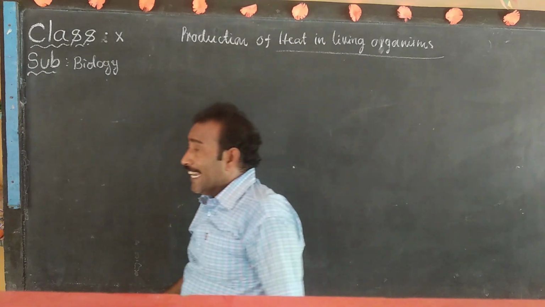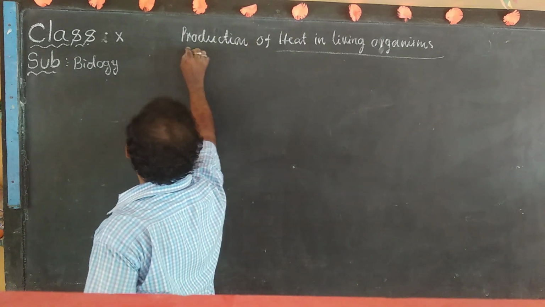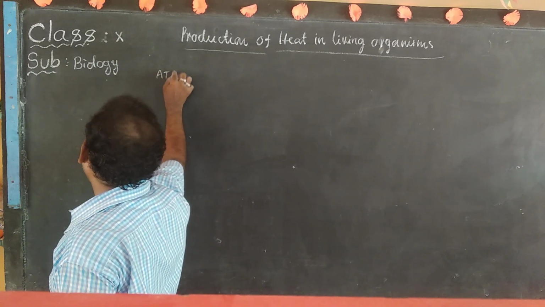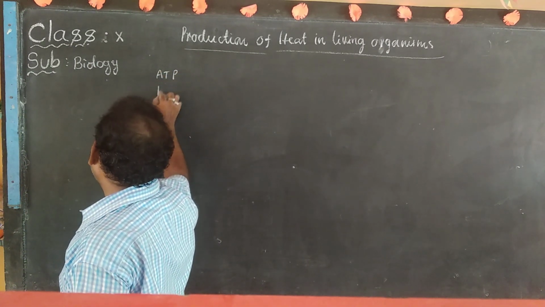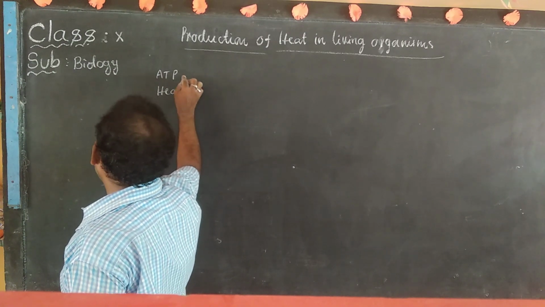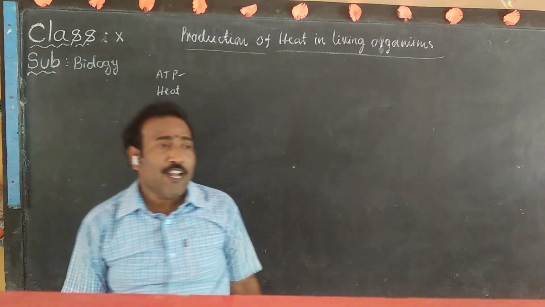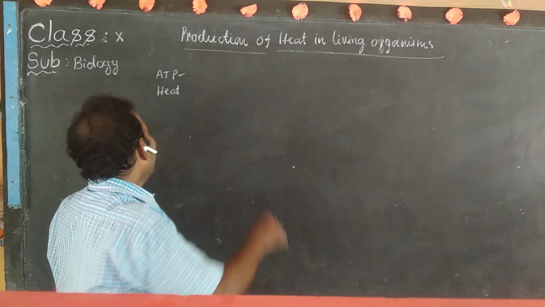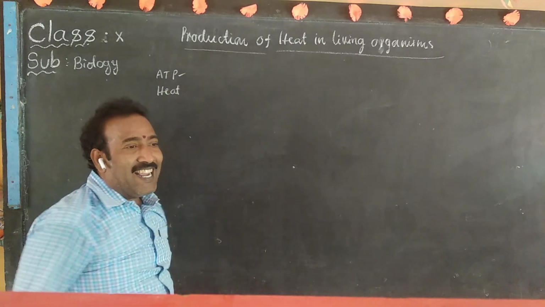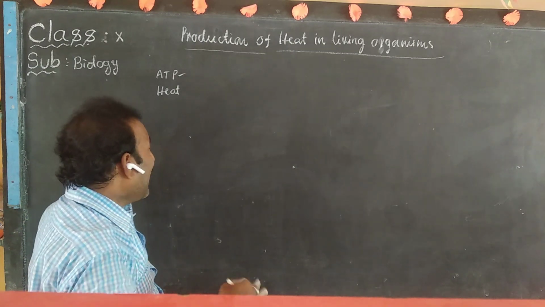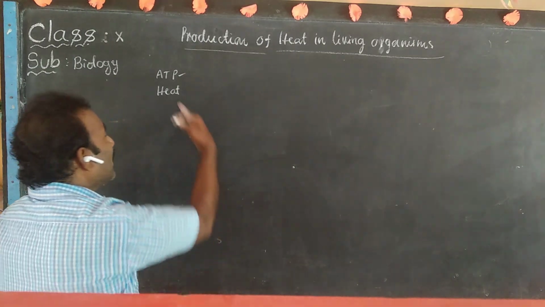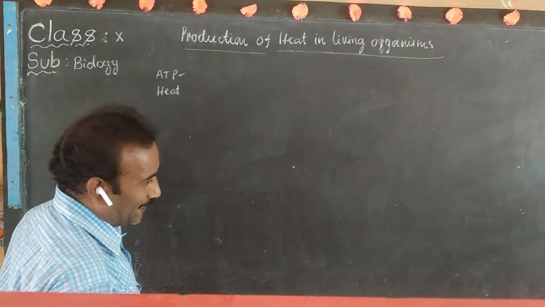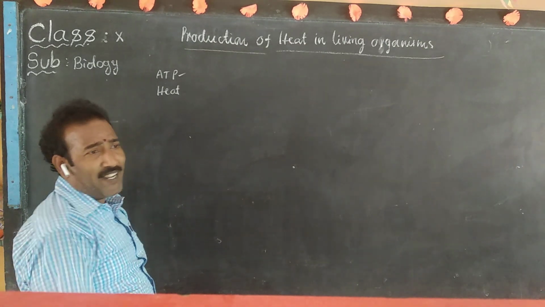Already I told you, in respiration some amount of energy is produced as ATP and some amount of energy as heat. This ATP is used to carry out body functions normally, and heat energy is an important factor controlling the rate of all the metabolic processes.